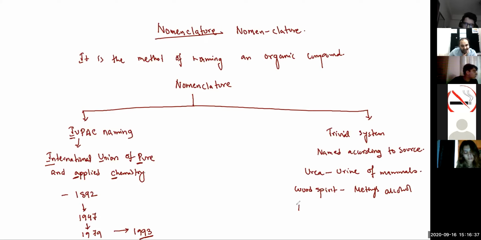The formic acid. Formic acid is actually methanoic acid. But why was it formic acid? Because it was sourced from red ant. And in Greek, red ant is known as formicus.